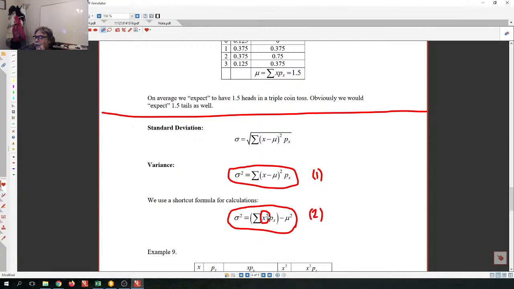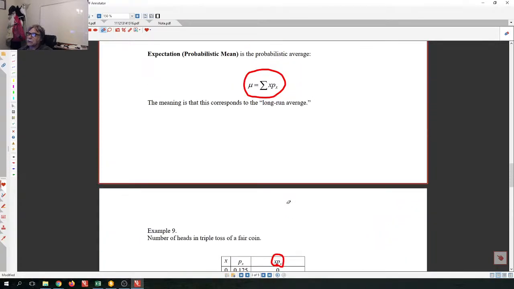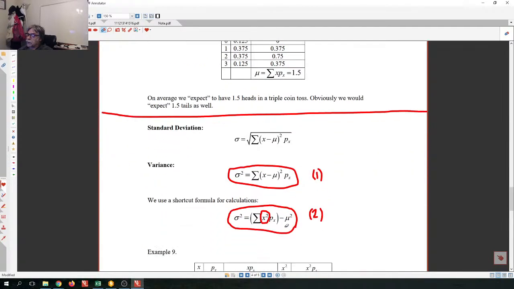It's slightly different, but you can say this is actually the expectation of a square as opposed to the expectation of an x. So you have an expectation of a square, and this thing of course is the square of expectation, right? The mu is the symbol for expectation, for the mean, we use in this formula, and now it's just a square here. So the variance in this formula number 2 is the expectation of a square minus the square of expectation.